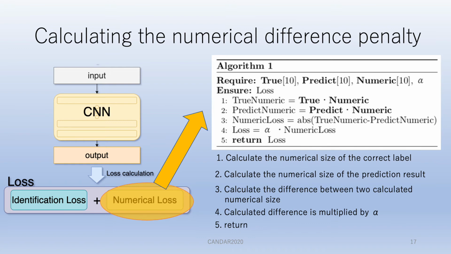The third line calculates the numerical loss between the correct label and prediction results by calculating the difference between true numeric and predict numeric, and it is stored in numeric loss. In the fourth line, numeric loss is multiplied by alpha and stored in loss to control the loss to a value that is easy to learn. The fifth line returns loss as the loss to be learned.